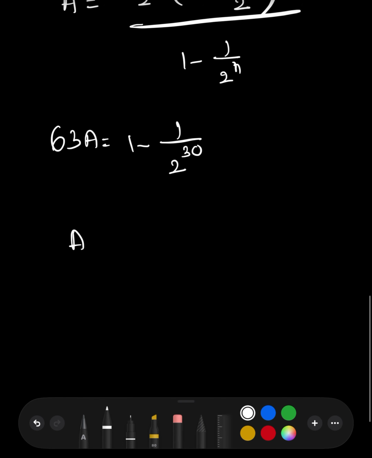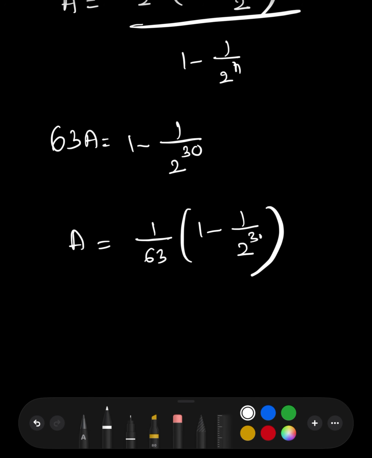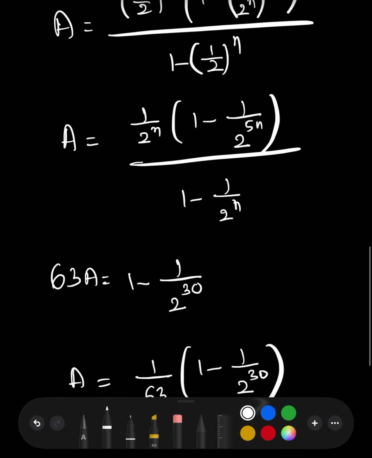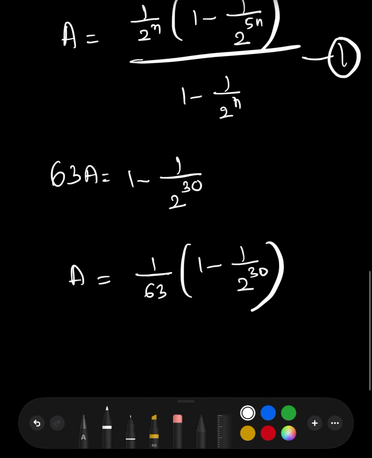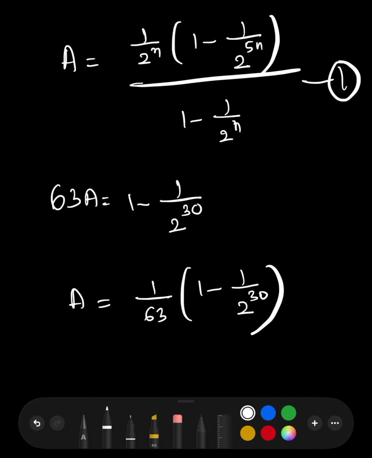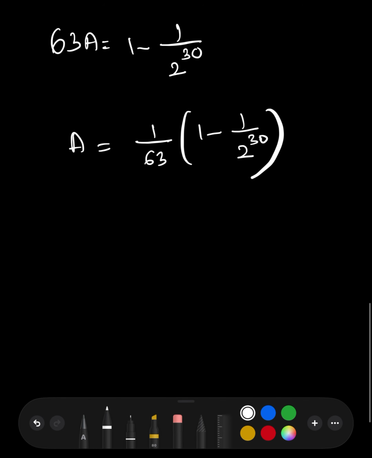So clearly capital A equals 1/63 into 1 minus (1/2)^30. Next, from this equation 1, if I want to solve further, I can say that 1 minus (1/2)^30 divided by 63.